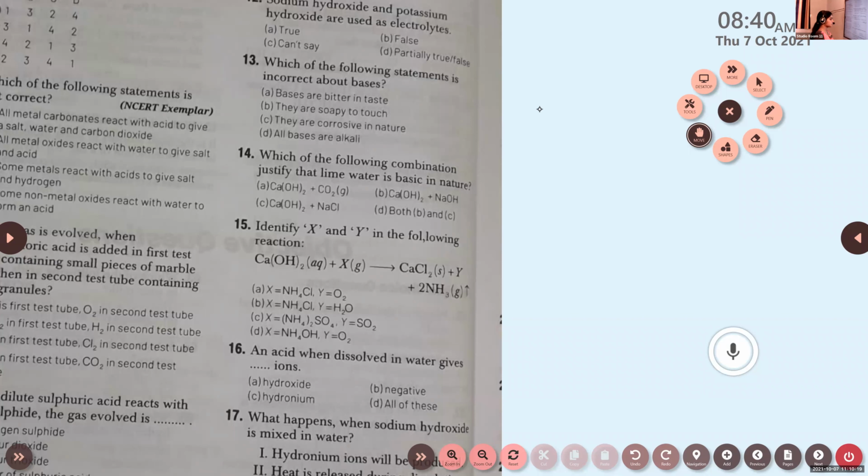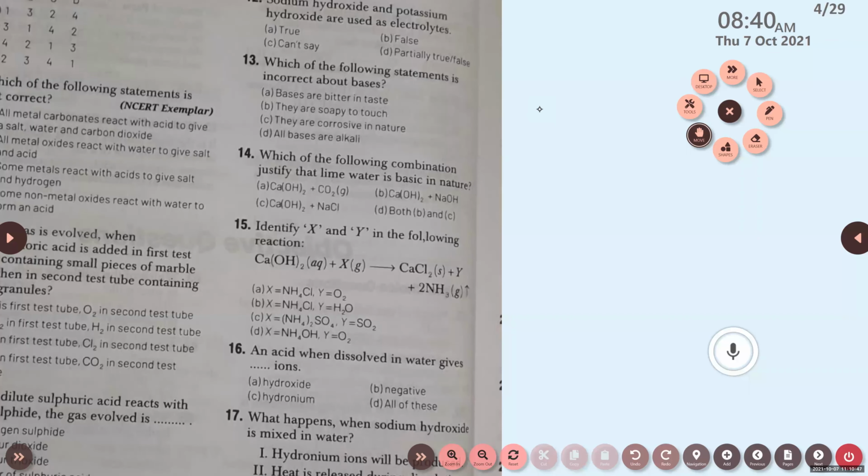Ca(OH)2. What is that? Calcium hydroxide. What's its common name? Slaked lime.